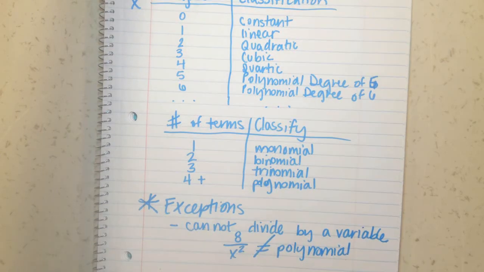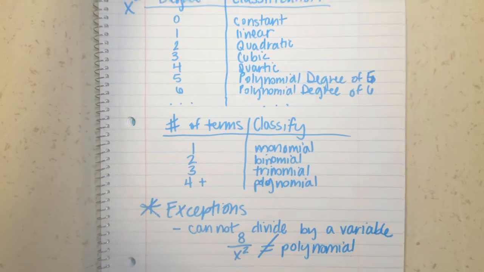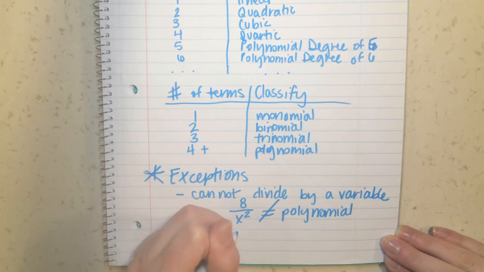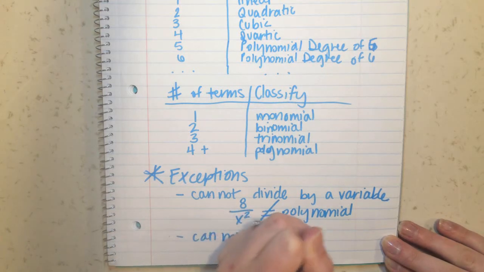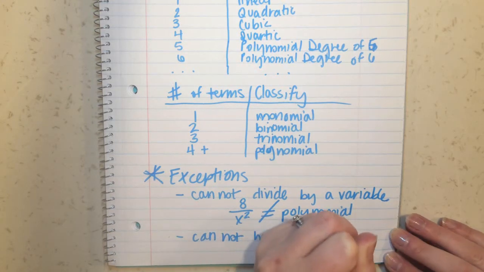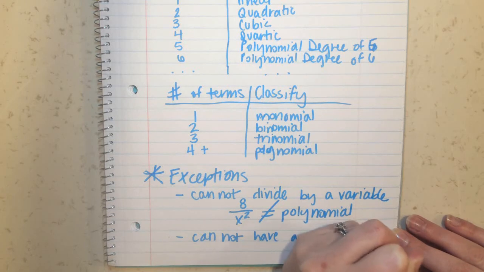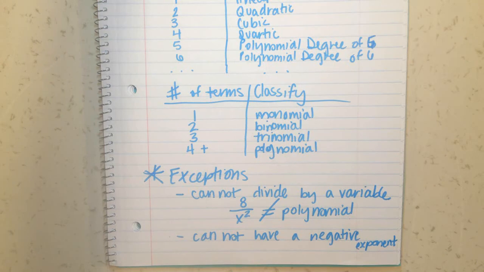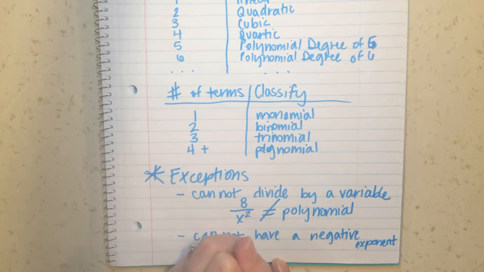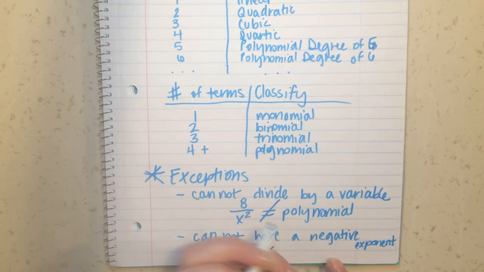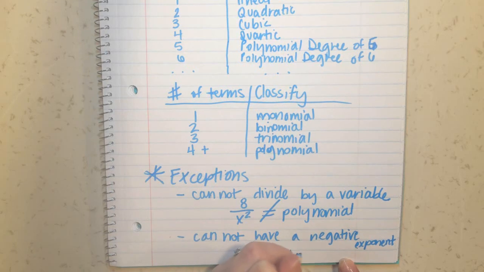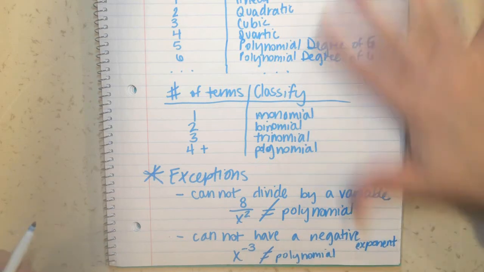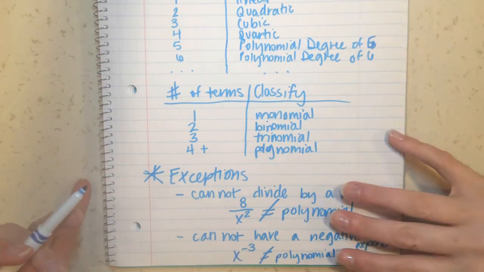The other exception is that you cannot have a negative exponent. So, for example, something like x to the negative third power, not a polynomial. Alright, so a couple of things to be aware about when we are classifying.